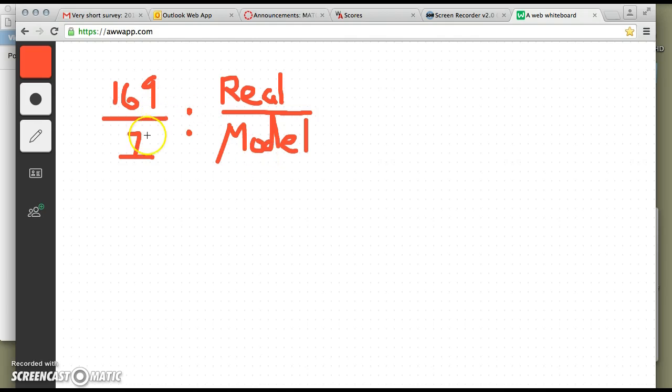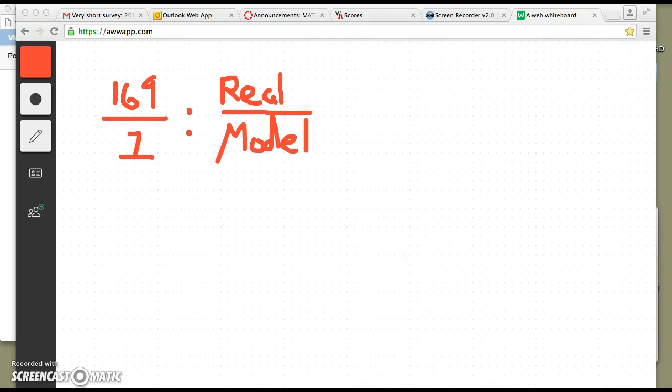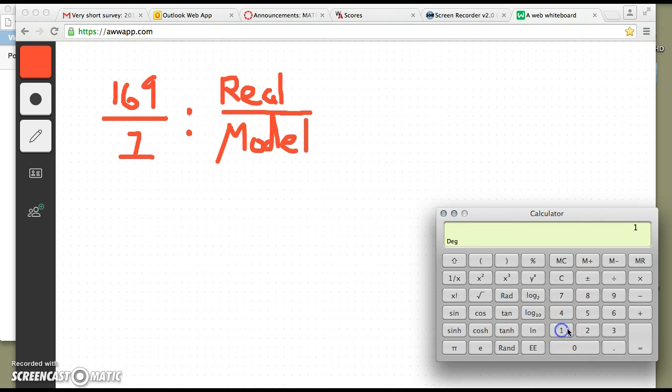Let's take a look at this in inches, though, because our caboose is only 5 inches long. Instead of thinking about that as a fraction of feet, let's look at everything in inches. 169 feet times 12 inches for each of those feet is 2,028 inches.